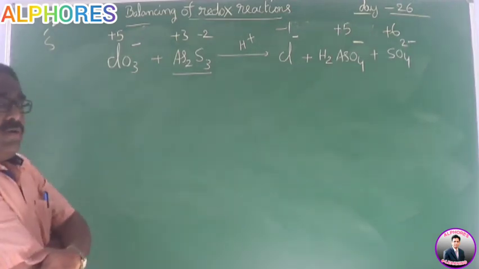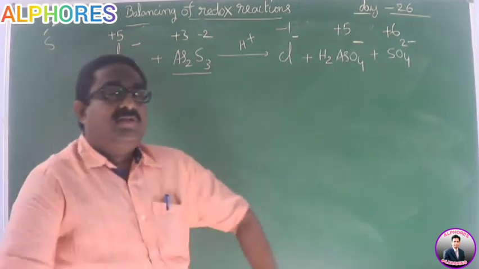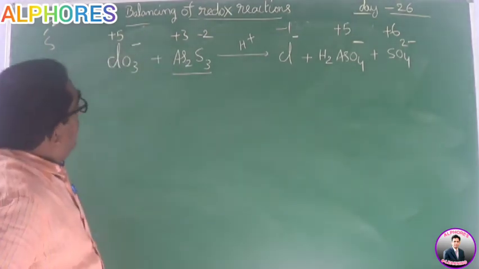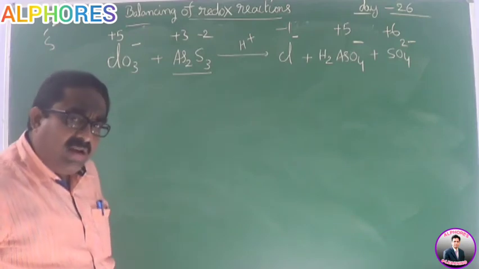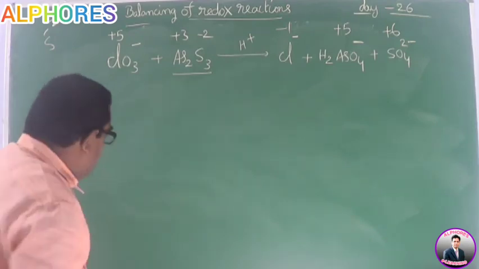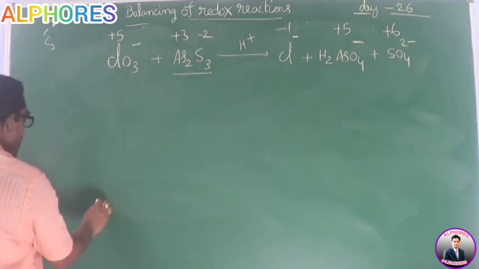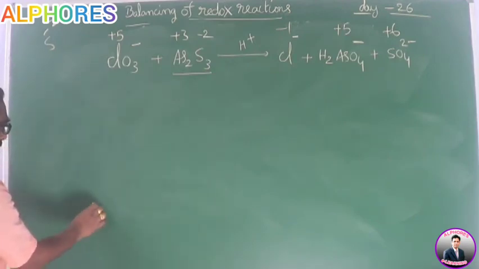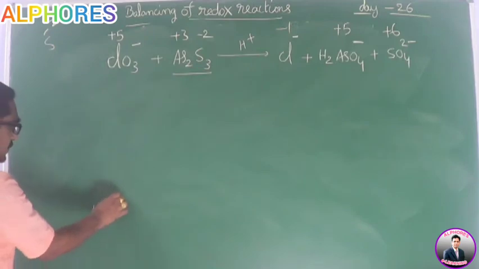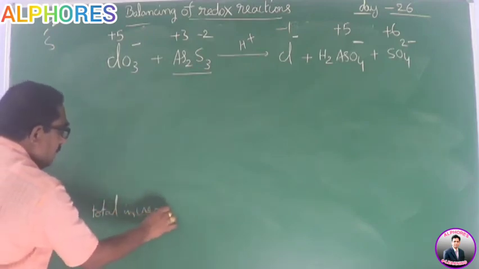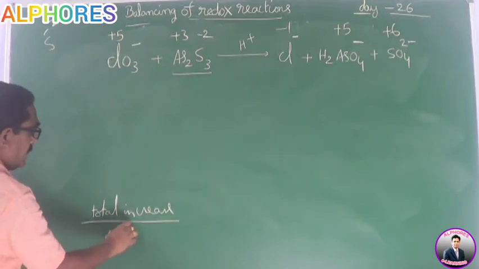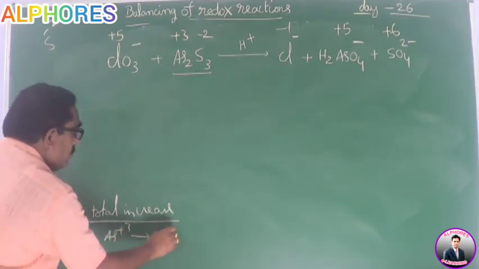So I have already told you, while estimating the coefficients for these redox reactions, you should calculate the total increase or the total decrease. Let me calculate the total increase here at the bottom. Concentrate. For which species is it increasing? Arsenic, +3 to +5.